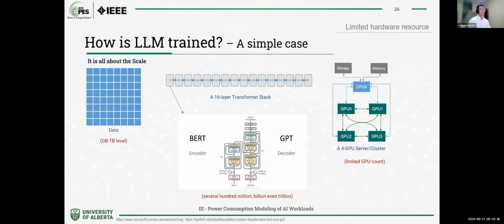The model side is more related to the computer science community, but in this particular topic, we actually do care about how the model is trained. In the current state, the model normally deals with big datasets from gigabytes to terabytes, and with billions or even trillions of parameters. The model is pretty large, and we also have a limited GPU count. This is the time when people want to develop efficient methods to enable the training.